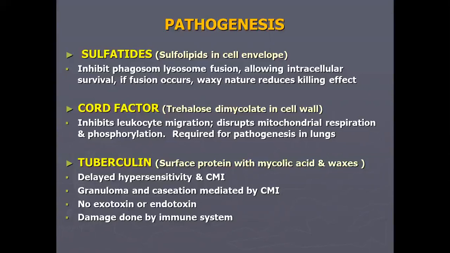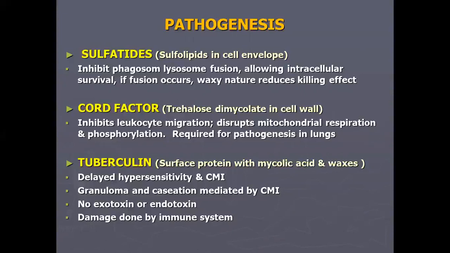Now, if the fusion does occur and the organism is exposed to be destroyed by the enzymes, then the second mechanism of defense, or the second virulence factor present in the bacterial cell envelope, comes into action.